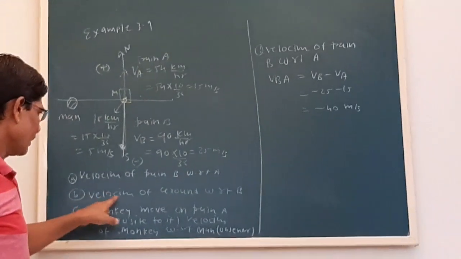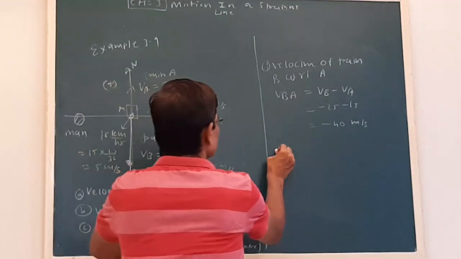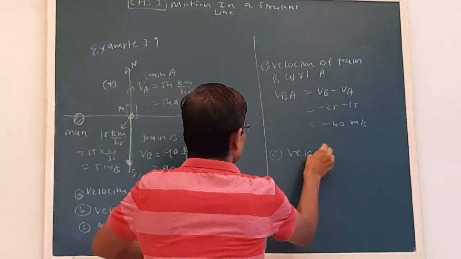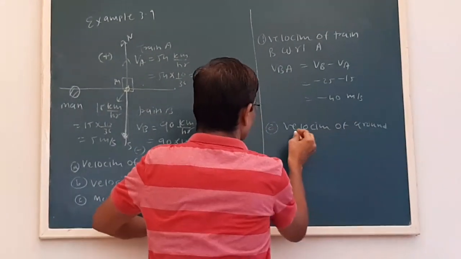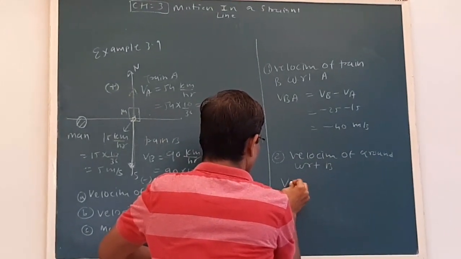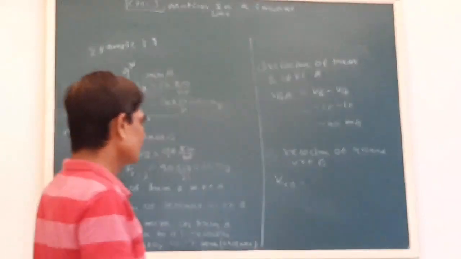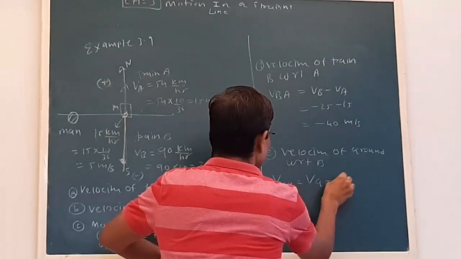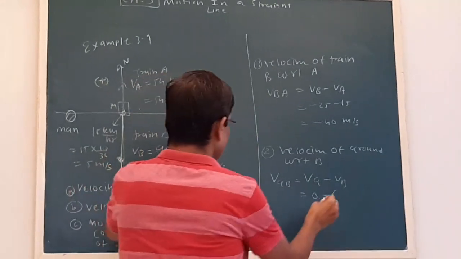Secondly, velocity of ground with respect to B. But we know ground is a stationary object, so it will be VG minus VB. This we have to take negative.